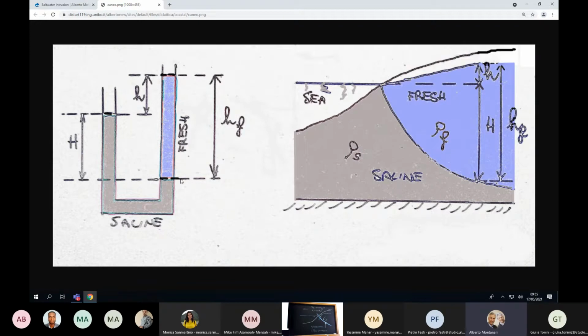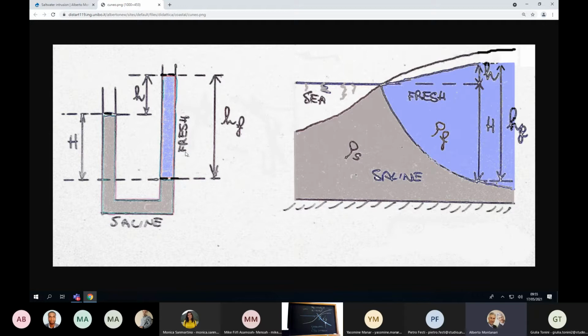If you look at my mouse, it's moving on the surface of separation. And you see that the level of fresh water needs to be higher in order to keep this equilibrium, because fresh water has less weight.